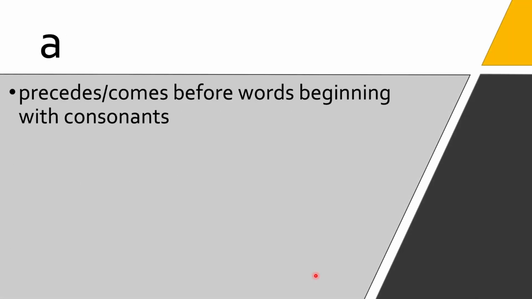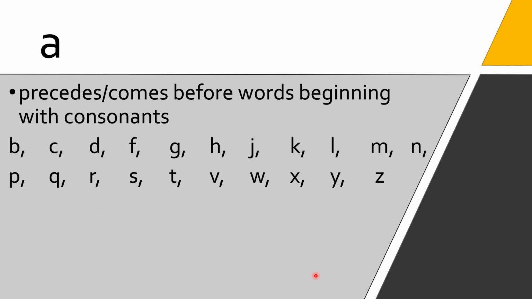Let's now have the article a. So article a precedes or comes before words beginning with consonants. So what are the consonants? These are the consonants: B, C, D, F, G, H, J, K, L, M, N, P, Q, R, S, T, V, W, X, Y, Z. Okay, so this is really a review, guys.